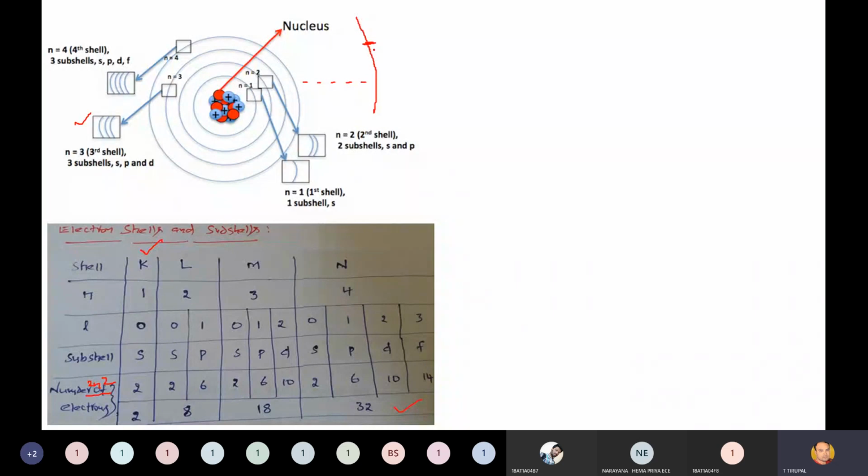Suppose an electron is present in the last orbit. If I give certain energy to this electron, it goes outside and becomes a free electron. We need to give external energy, or it takes energy from sunlight in the atmosphere, and therefore this electron comes outside.